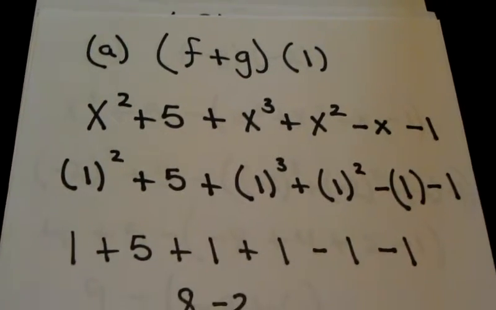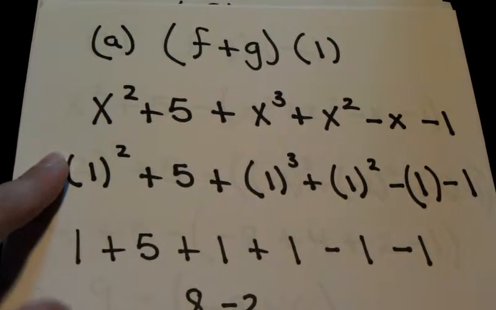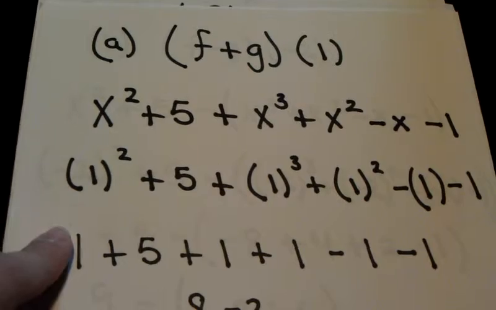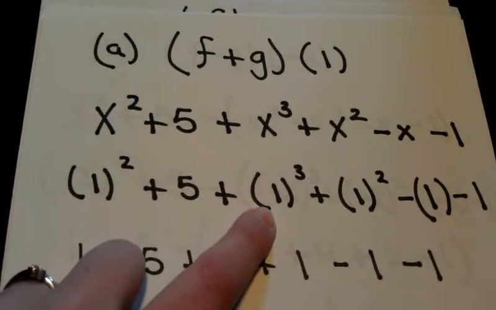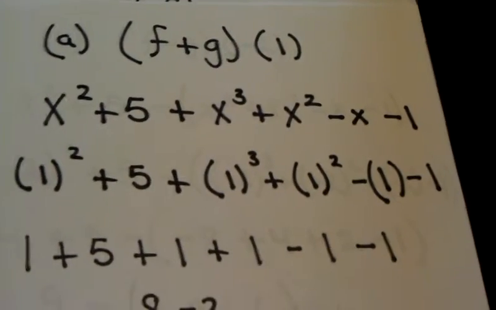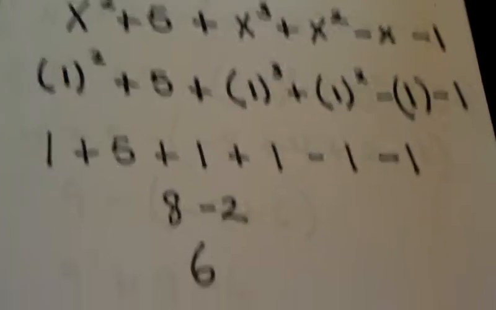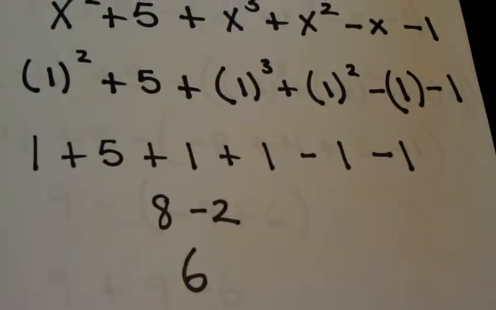And then you simplify. So your 1 squared is going to be 1, your 1 cubed is going to be 1, and then once again 1 squared is going to be 1. Simplify all your like terms, and then you get 6.